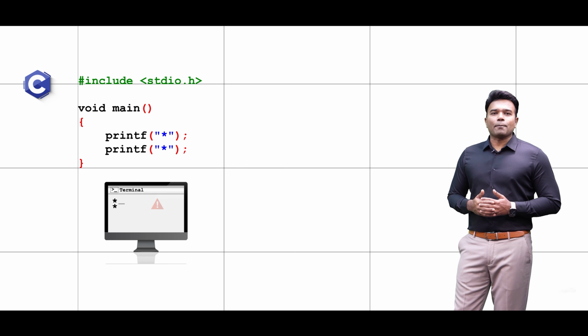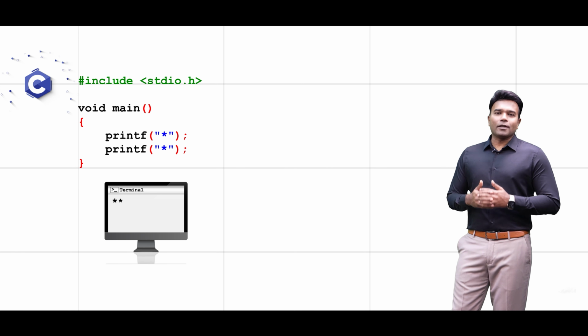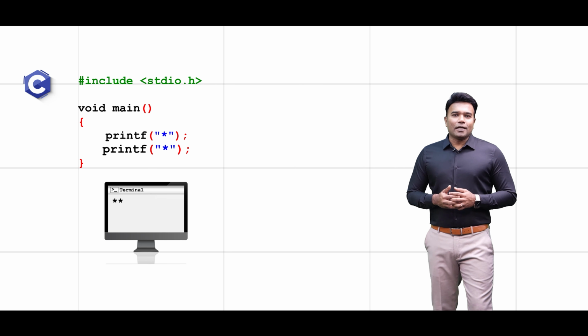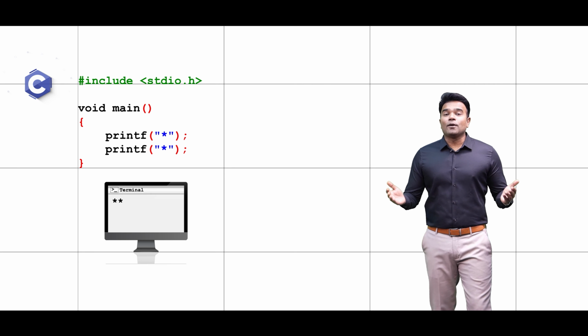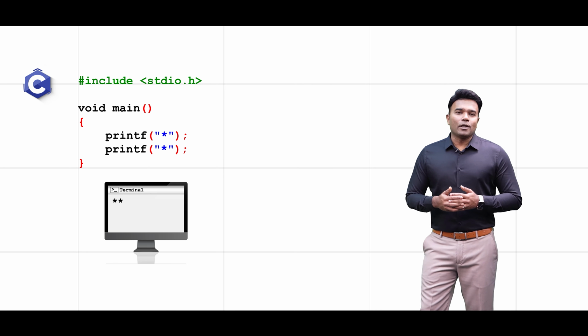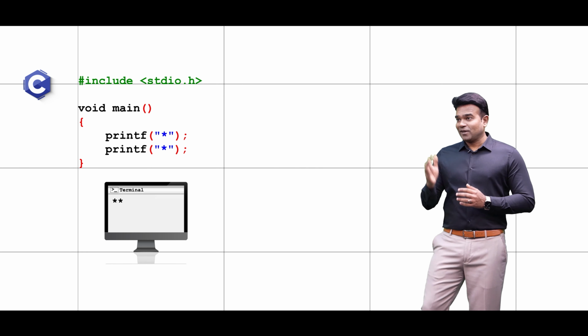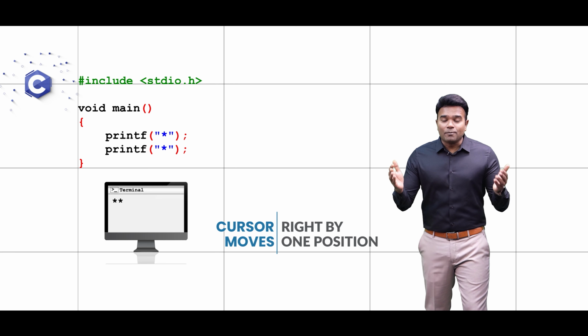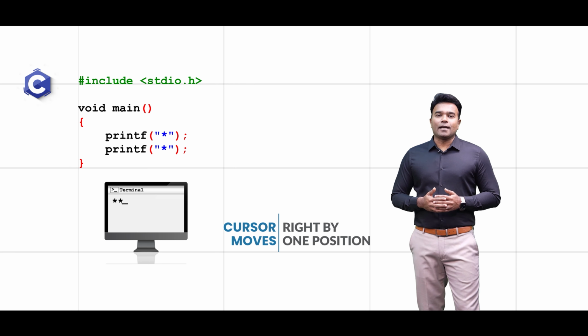Rather, the star always gets printed wherever the cursor is blinking. That way, due to this second line of code that you have now added, no doubt a star gets printed, but it gets printed at the same place where the cursor is blinking. And then what happens to the cursor? I have already told you that it shall move ahead by one position on the same line like this.